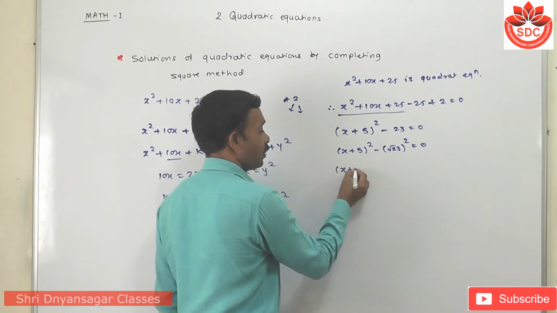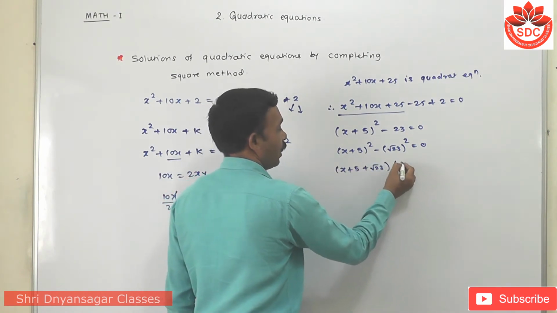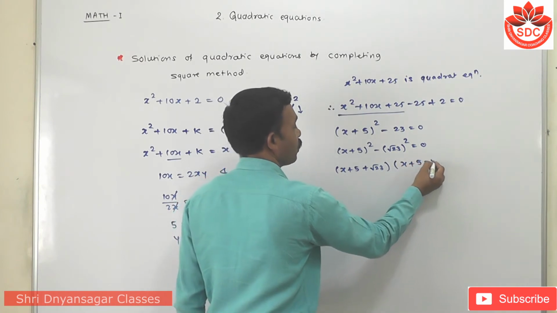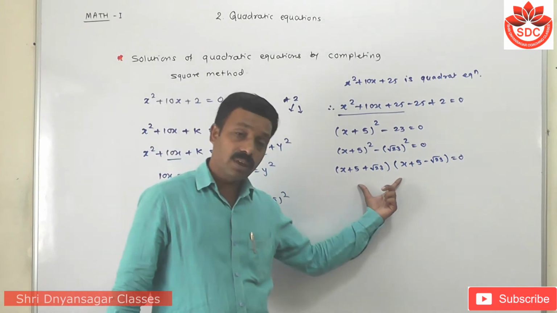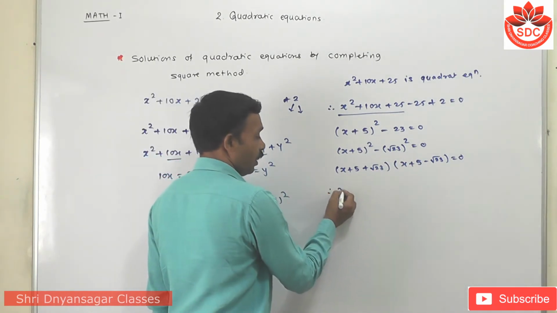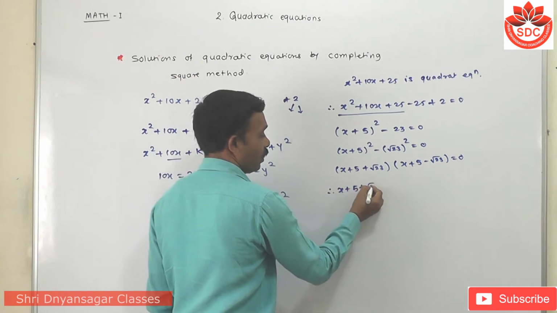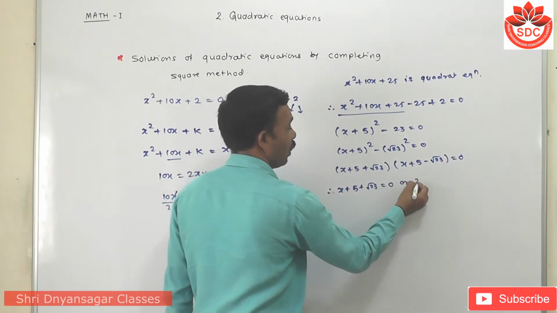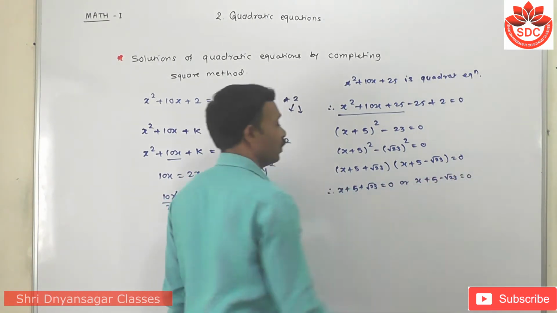So x plus 5 plus root of 23, another bracket x plus 5 minus root of 23 is equal to 0. If the product of two terms is 0, then at least one of them must be 0. We saw this in the earlier exercise. So x plus 5 plus root 23 is equal to 0, or x plus 5 minus root 23 is equal to 0.